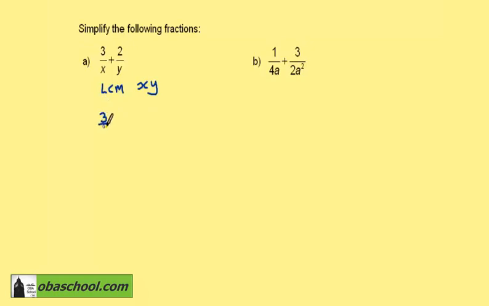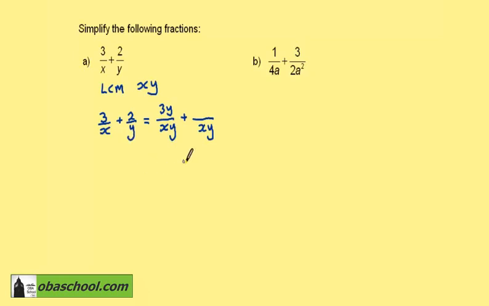So we have 3 over x plus 2 over y. They both need to be expressed over xy. X has been multiplied by y, so we need to do the same to the 3, getting 3y.